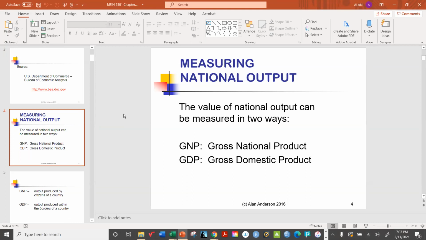The numerical difference is typically less than 0.5%. But there are a lot of small countries where the difference can be quite considerable. If you read any article out there about the economy, almost without fail they're going to refer to it as GDP, but just be aware this book likes to use GNP.